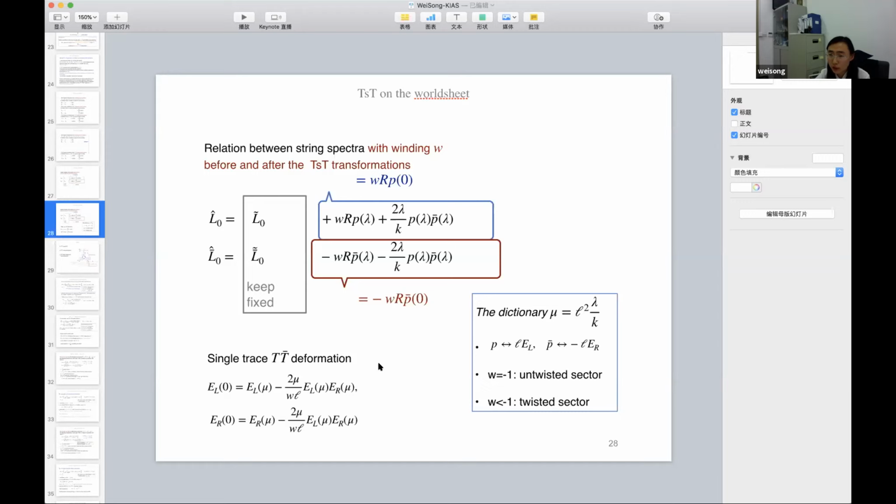The deformation is defined using the stress tensor, and this deformation operator in general will not commute with the supercharges, right?